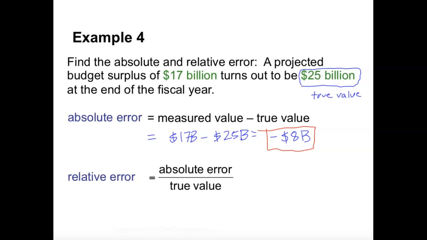All right, and if we want to convert that to relative error, we'll just take that negative 8 billion and divide by the true value of 25 billion. Since these are both billions, that's fine. And then we'll multiply it by 100 to get it as a percent.